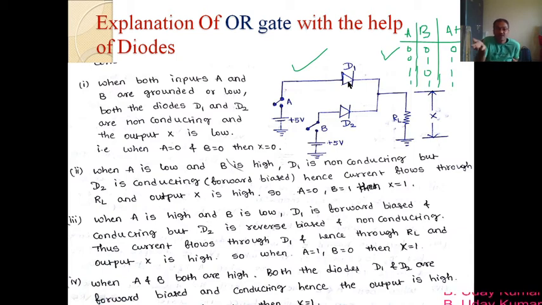When the applied potential is greater than the barrier potential, it allows a conducting path for the current. In simple words, when the diode is forward biased, current flows through it. When the diode is reverse biased, no current flows through it, because high resistance will be present inside the diode for the current to flow. Anyway, I'm not going much into the details of diodes, but this entire operation can be understood with the help of only whether the diode is forward biased or reverse biased. That's it.